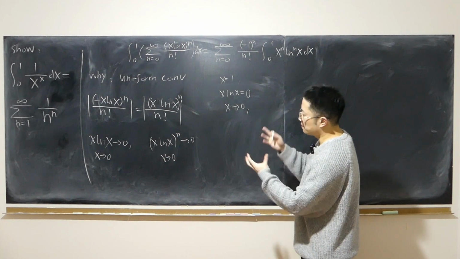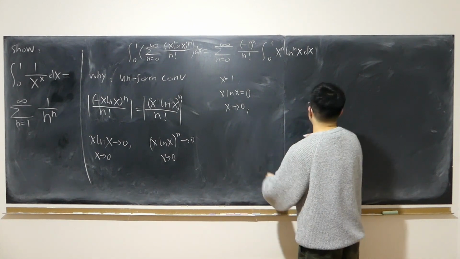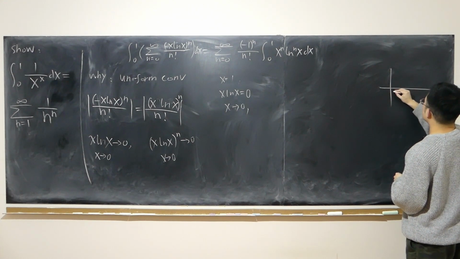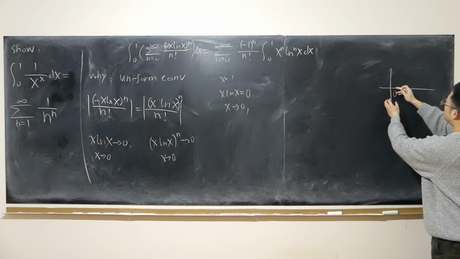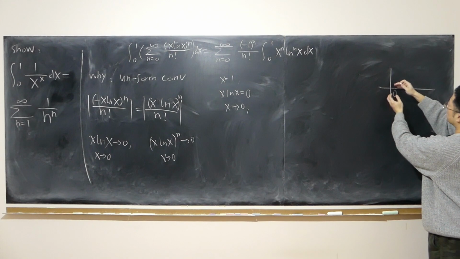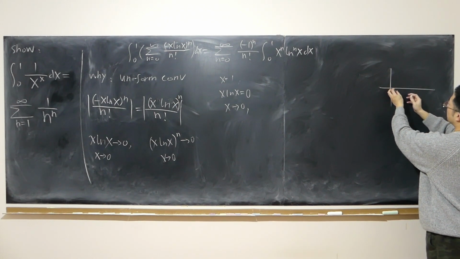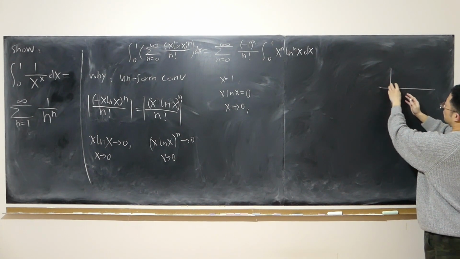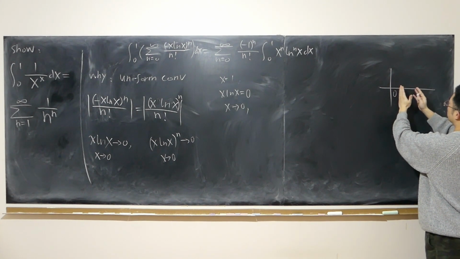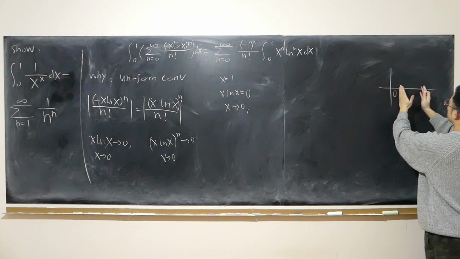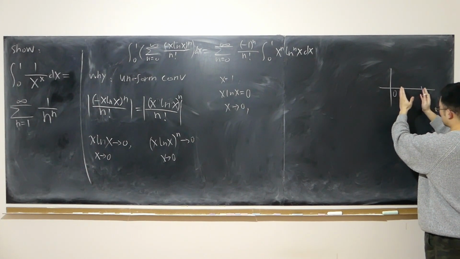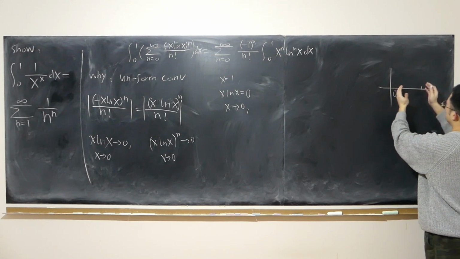So nearby the point 0, the functional value is approaching 0, meaning nearby 0 the function is bounded. There is some neighborhood where the function is bounded. Outside of this neighborhood, all the way to point 1, it's continuous everywhere on a closed interval, and therefore also bounded.